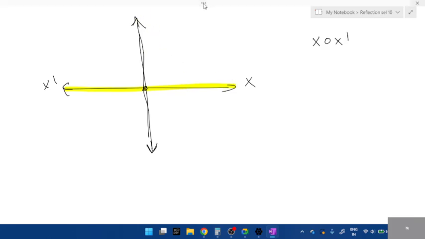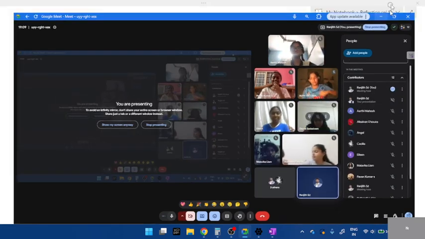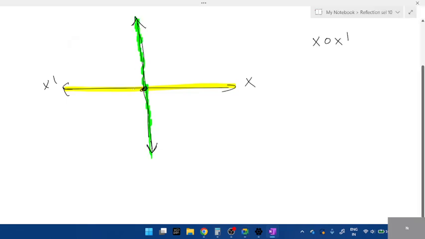Next we have YOY dash. The yellow line is called XOX dash and the other line is called YOY dash.